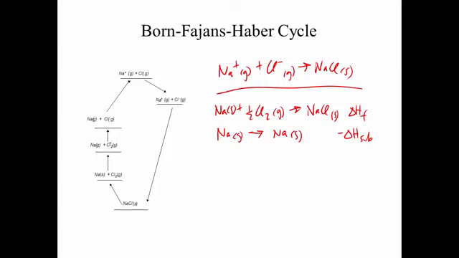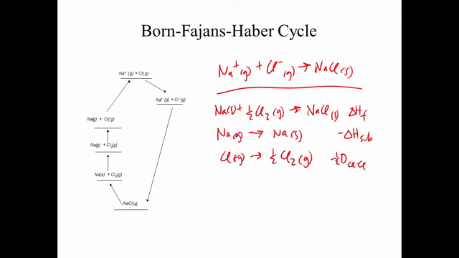And then we need the chlorine gas to be chlorine atoms, so that's the bond dissociation energy, or the negative, actually, of half of the bond dissociation energy. And let's see. So now we have gaseous atoms.